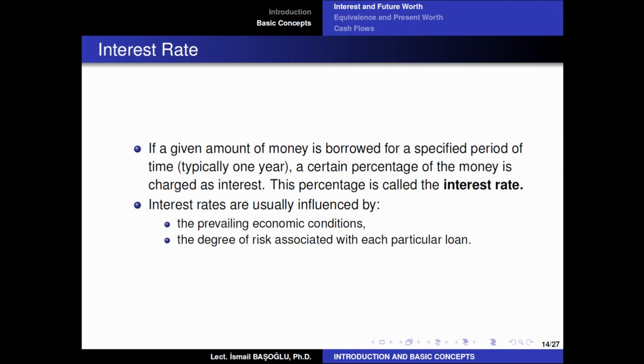So you are going to be considered a risky client, who may not pay the installments at the required time. Therefore, the interest rate that you are going to be subject to can be a little larger than the average. So when you want to borrow some money from the bank, you are going to be exposed to a higher interest rate.